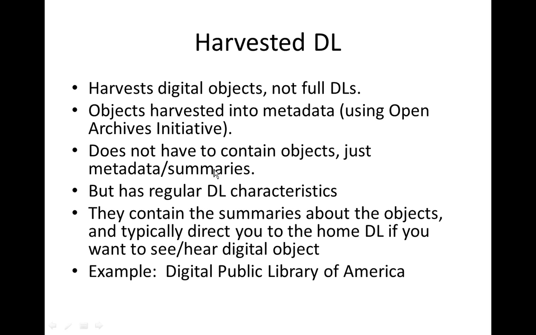It'll just have the metadata and maybe some kind of thumbnail representation of the digital object that you've searched and retrieved, and some kind of summary of what the object is. It has a lot of the same characteristics of a typical digital library, but once you actually go to click on the object, say it's a Mark Twain novel that has come up in the Digital Public Library of America, and some early manuscript of Huckleberry Finn pops up, and you can see the metadata for it.